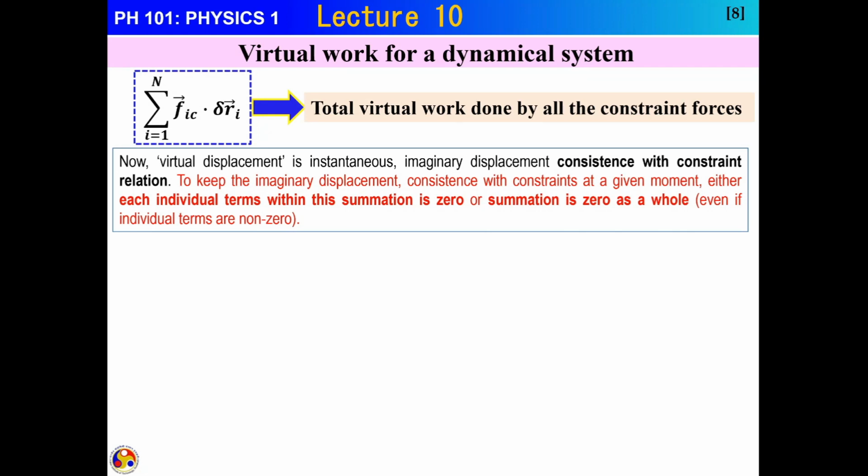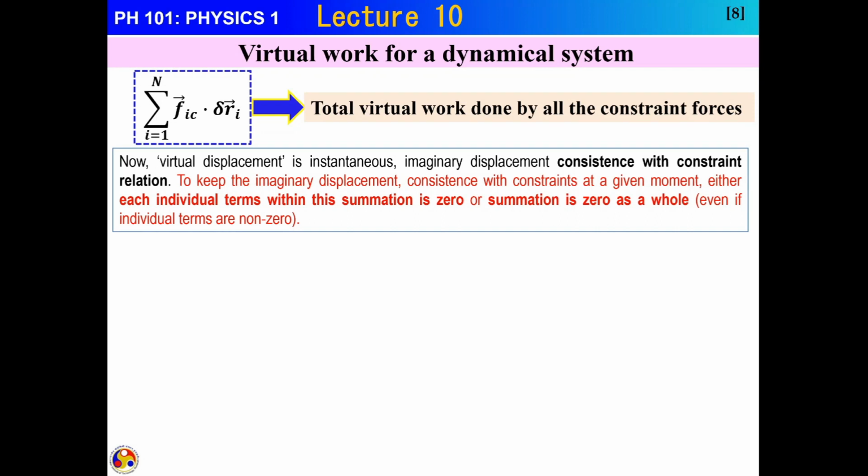Now, for any virtual displacement which is instantaneous, and taking into account all the constraint relations, to keep that imaginary or virtual displacement, either the individual terms within this summation will turn out to be 0, or the individual terms may not be 0, but the total summation as a whole system will turn out to be 0 all the way for a static system.